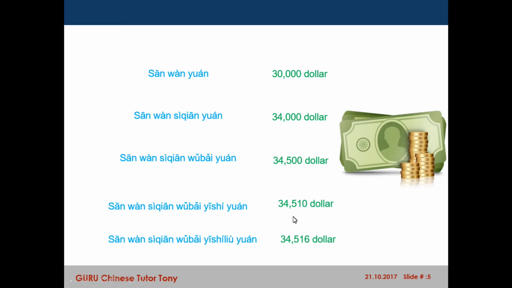Yeah, I'm also not good at numbers, but sometimes people say when you want to count paper money, it's a totally different story from your mathematics. Okay, so 34,510元.